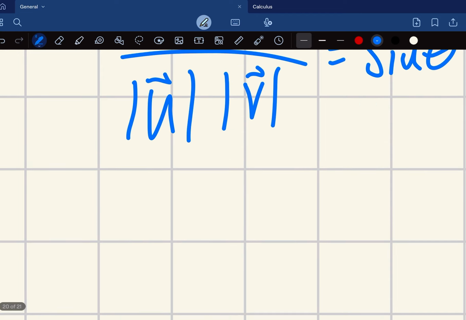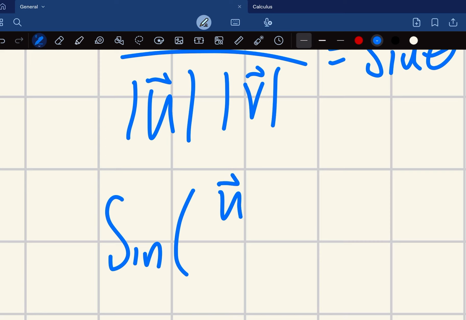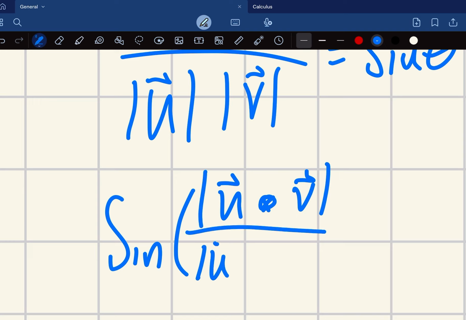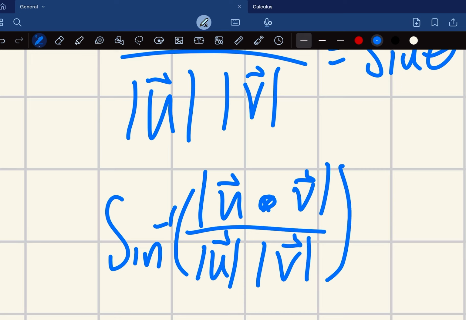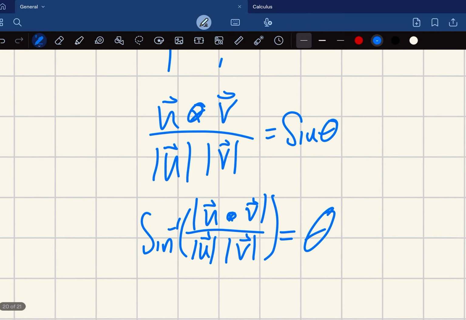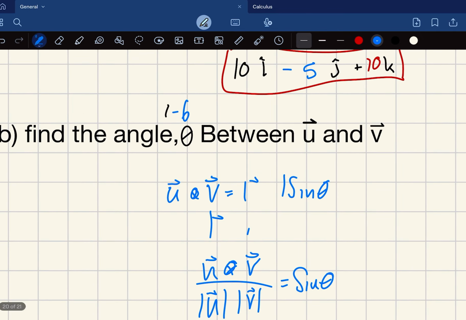So the inverse sine of the magnitude of u cross v, divided by the magnitude of vector u times the magnitude of vector v, sine inverse, is equal to our angle. So now that we have a formula for our angle, let's calculate these values.